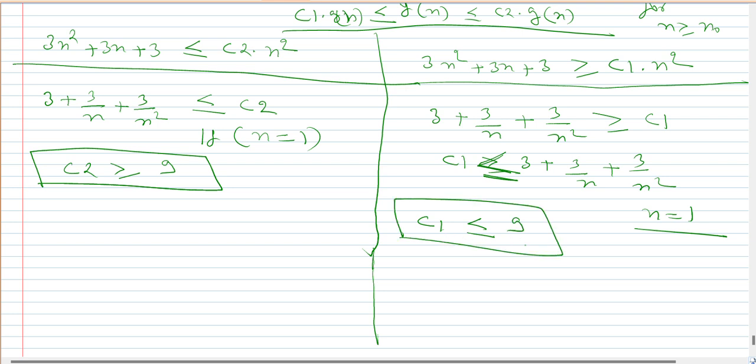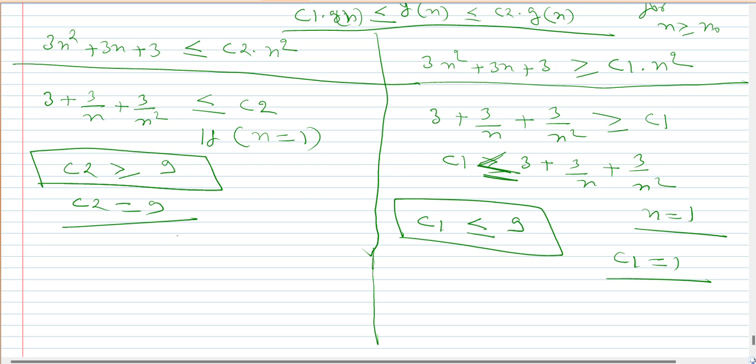So what can be the smallest value that satisfies this inequality? Let's choose C1 as 1 and let's choose C2 as 9 for n equal to 1.